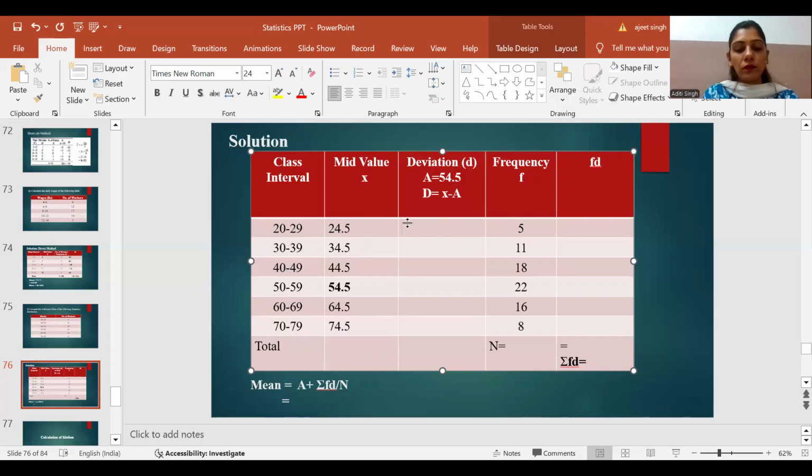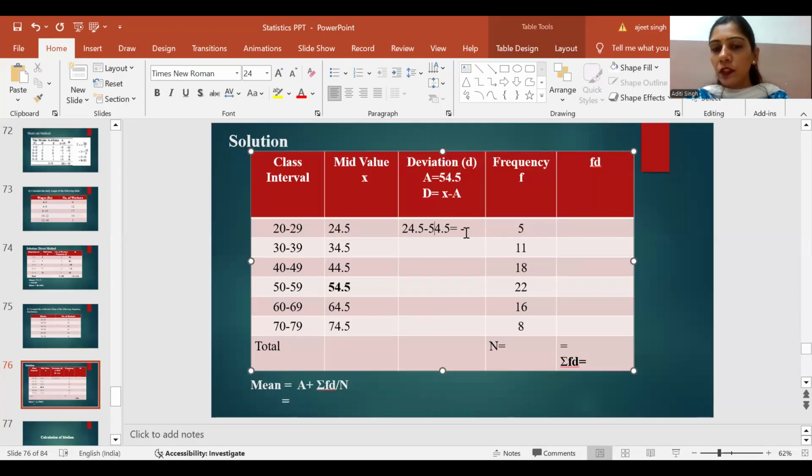24.5, so what we have to do, 24.5 minus 54.5. Okay, as 54.5 is your bigger value and this value is in minus, so it is obvious your answer will come in minus, it will not come in plus.